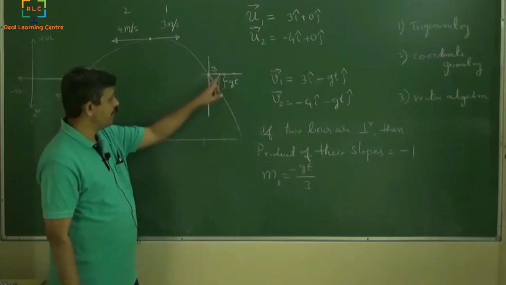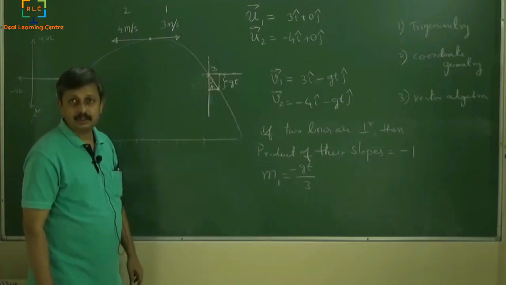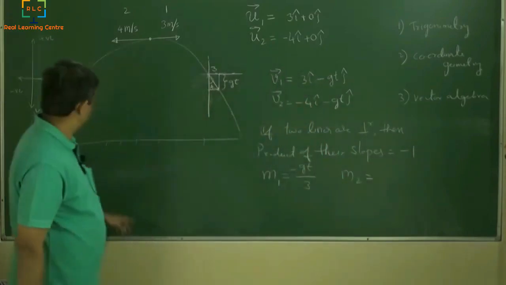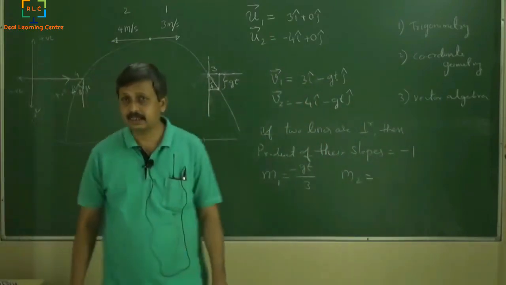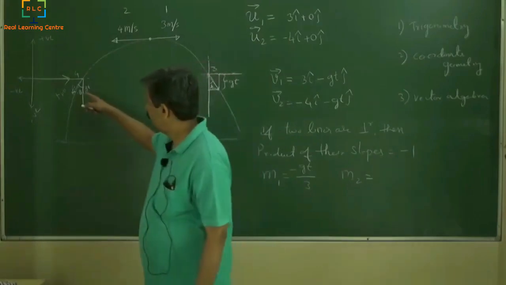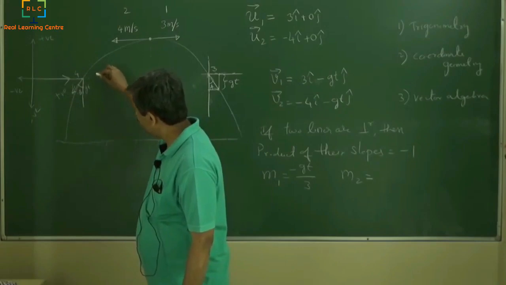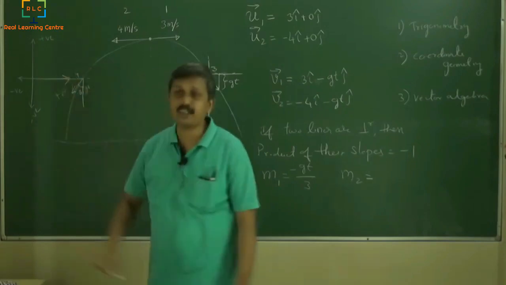This is the y by x part. Then M2, the slope of this, if you look at it, is minus gt divided by -4.